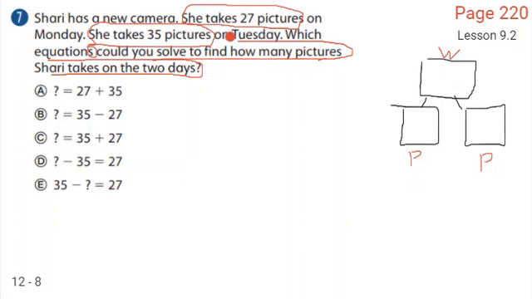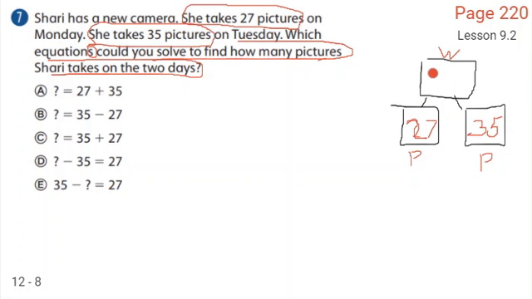All right, so let's take a look at this. We know that she's taken 27 pictures on Monday and 35 on Tuesday. So we have the parts. We have 27 and then 35.